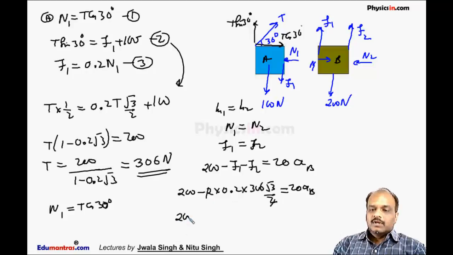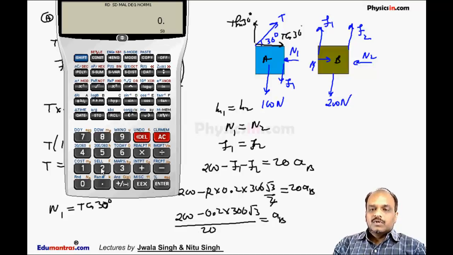We get 200 minus 0.2 into 306 into root 3 divided by 20, that is the acceleration of B.